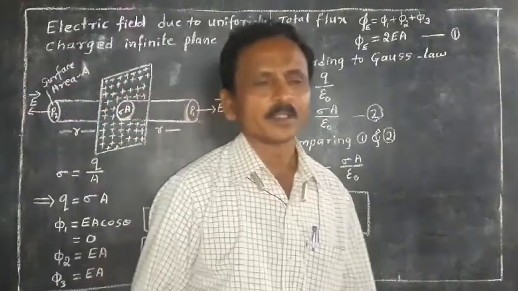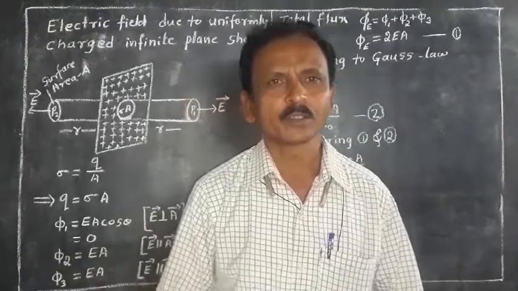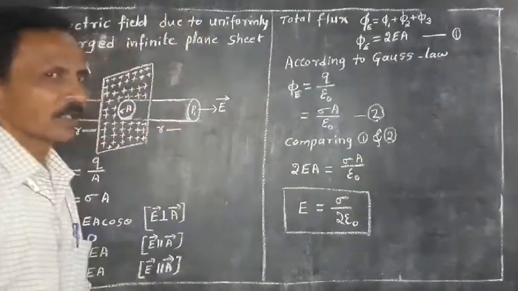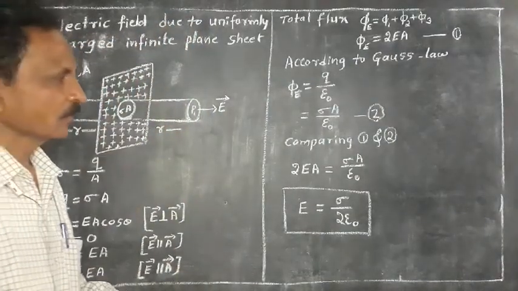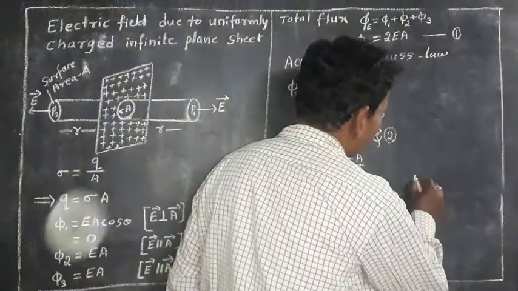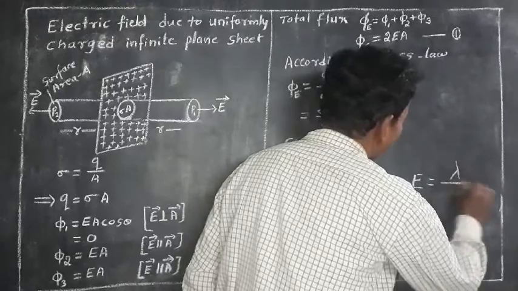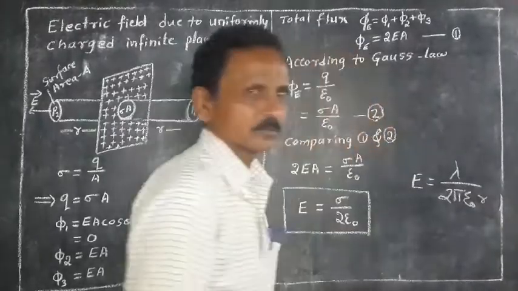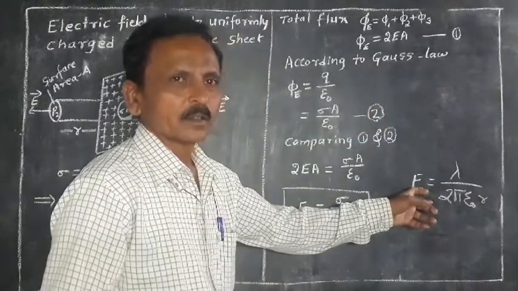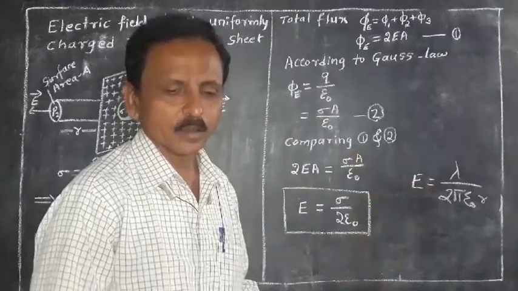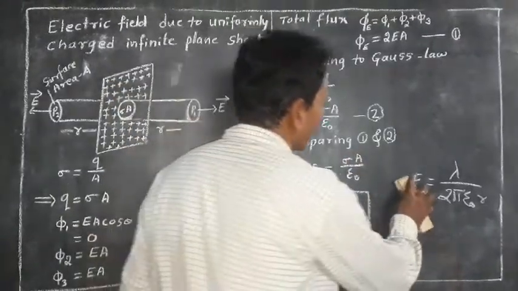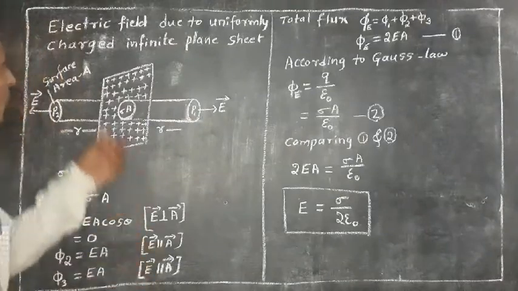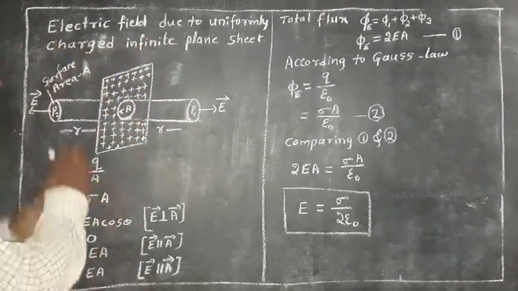Hello friends, in the previous class we derived an expression for the electric field at a point due to a uniformly charged infinite long conductor, and it was found to equal E equal to lambda upon 2 pi epsilon naught into R. Today we shall derive an expression for the electric field due to a uniformly charged infinite plane sheet.